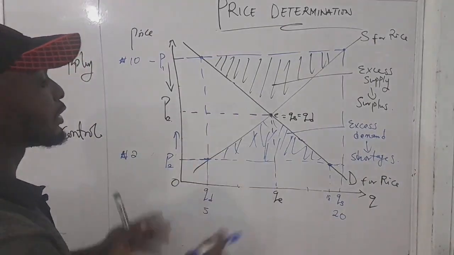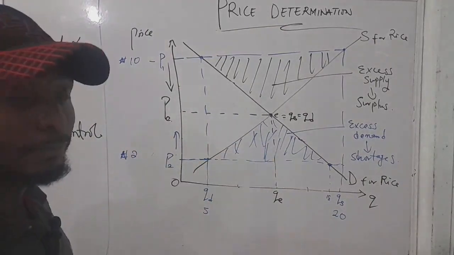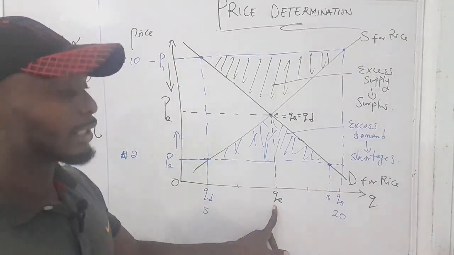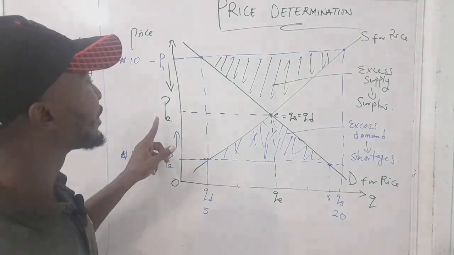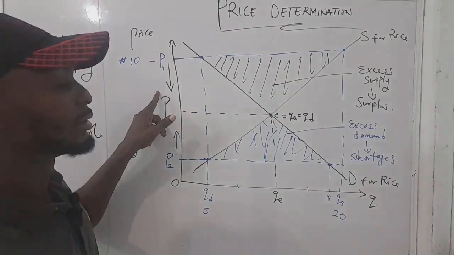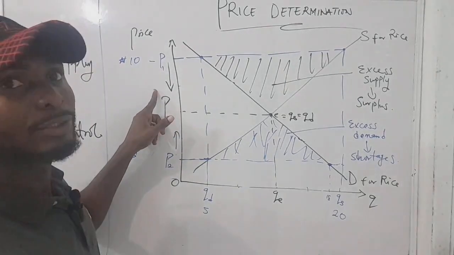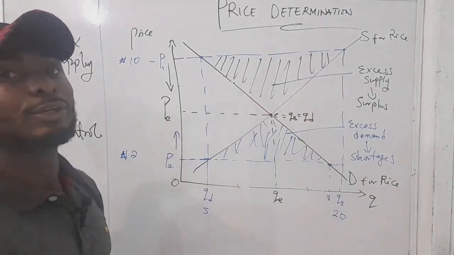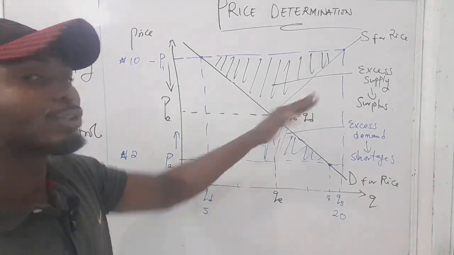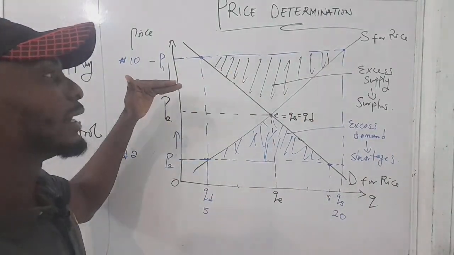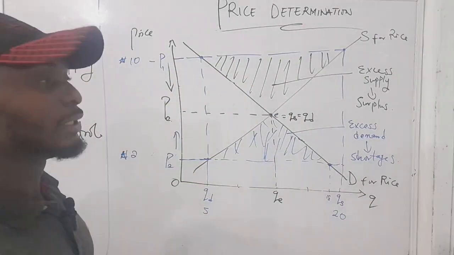So the general thing to note is that at equilibrium price, the quantity demanded and quantity supplied are the same. However, when the price of the product is higher, even if it is a little bit higher than the equilibrium price, we are going to have an excess of that product supplied into the market. And because of that excess, the price may start falling until it gets back to the equilibrium.